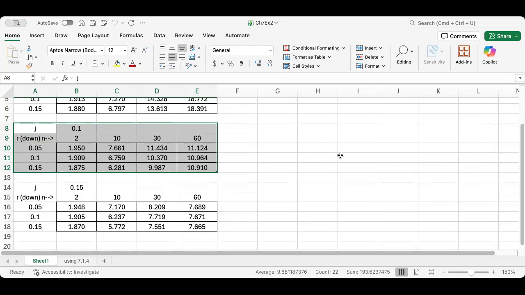The second one was 10 years at a rate of 10%. What's the duration on that? 6.759. 30 years at 5%. 11.434. 60 years at 15%.